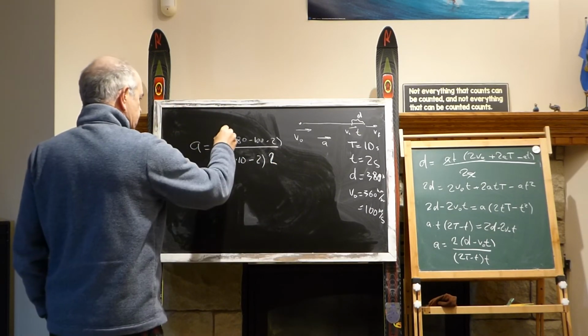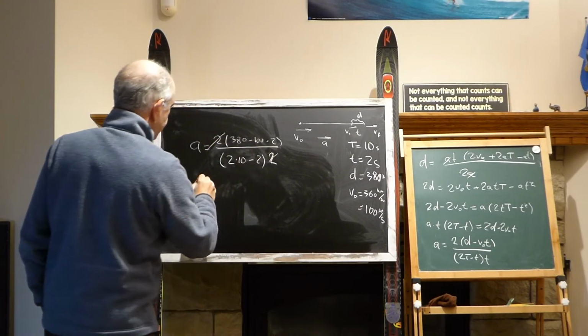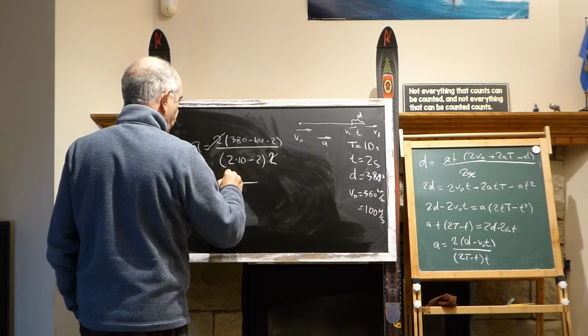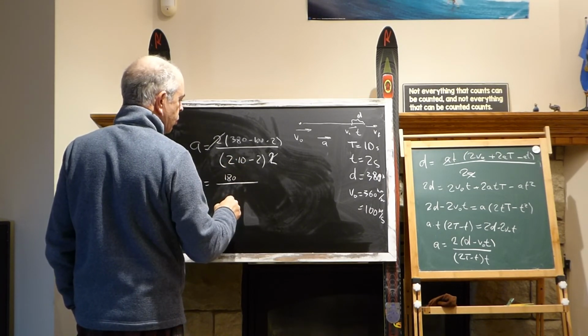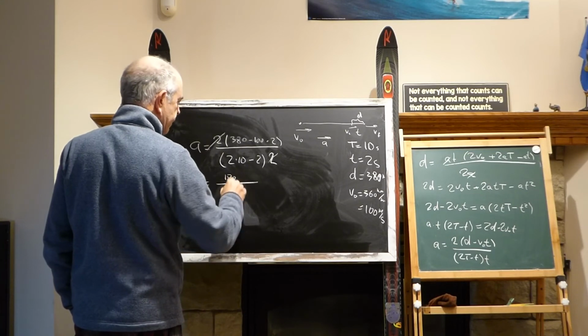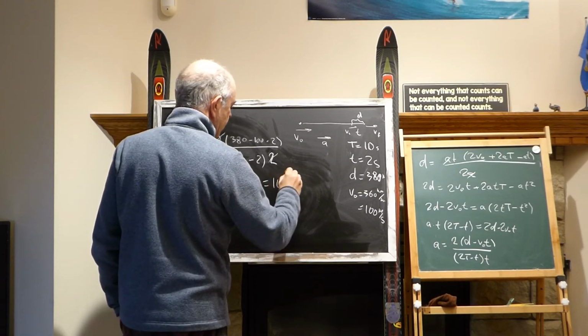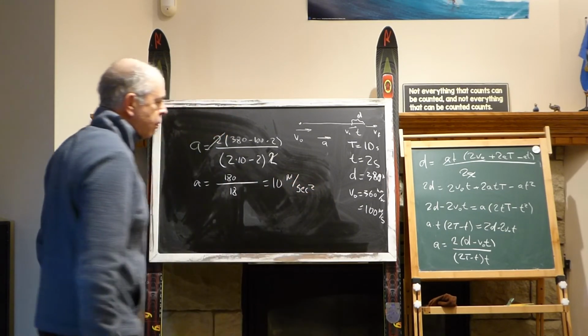Very nice. So this 2 and this 2 is gone. 380 minus 200 would be 180. 20 minus 2 would be 18. 18 over 180 over 18 would be 10. 10 meters per second squared.